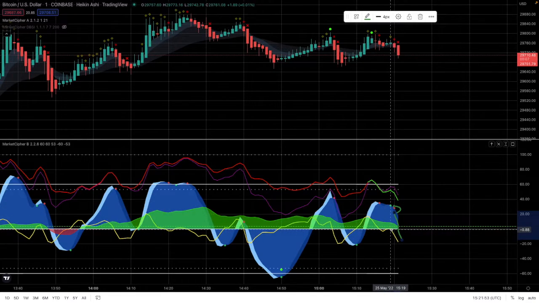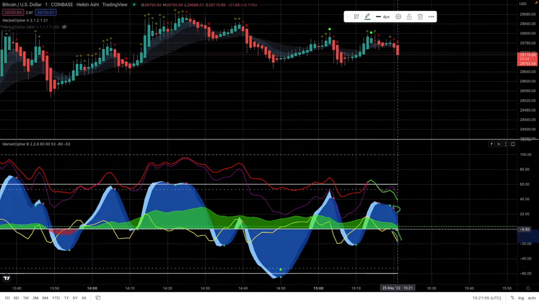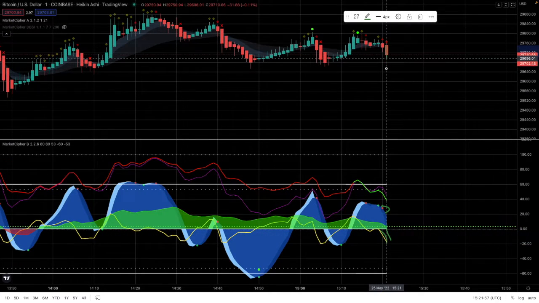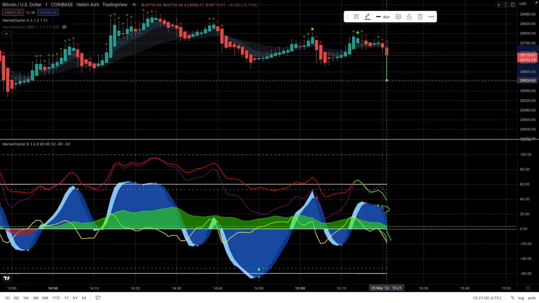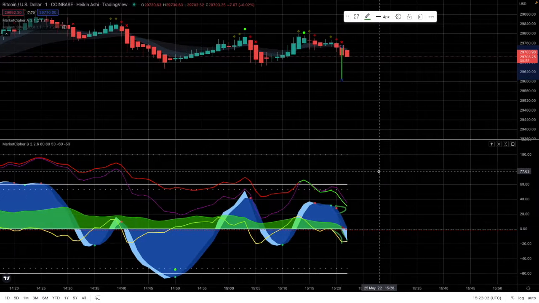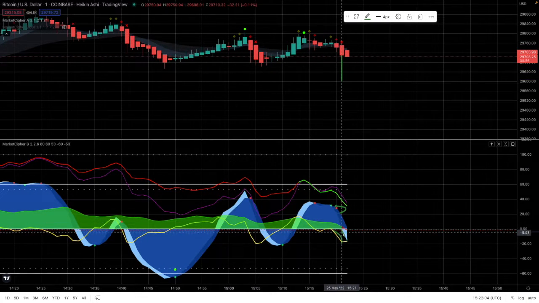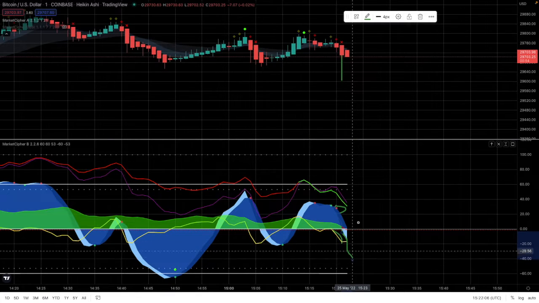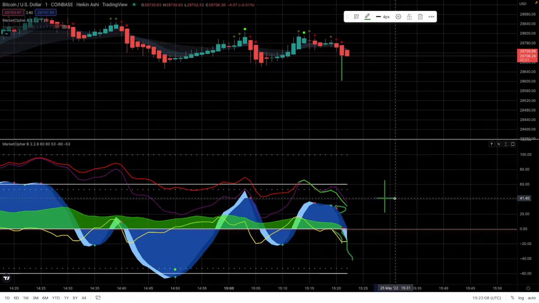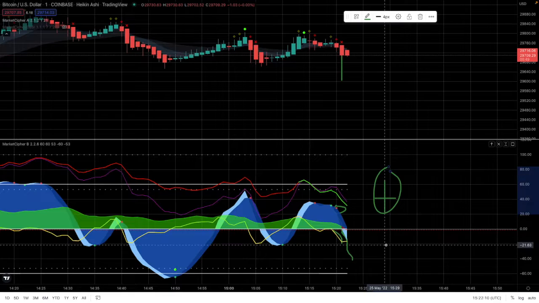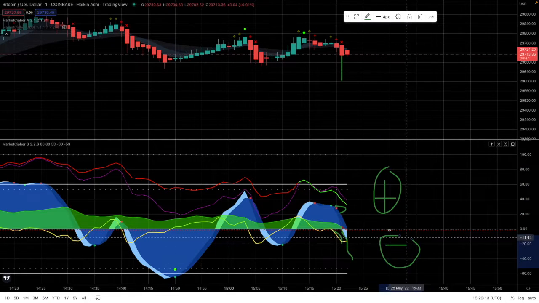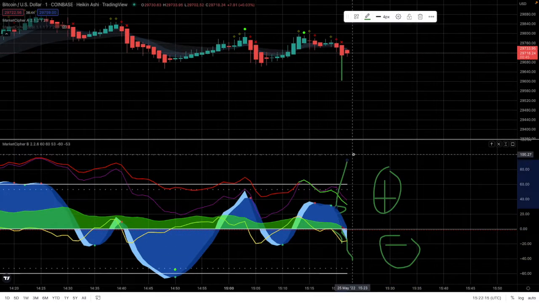My VWAP is also heading into the negative. You can see this candle is dropping red. We don't know how far we'll go, but let's wait on momentum. Momentum entered the negative territories. This is positive, this is the buy, and this is negative, this is selling. So I'd probably have started shorting from this side.